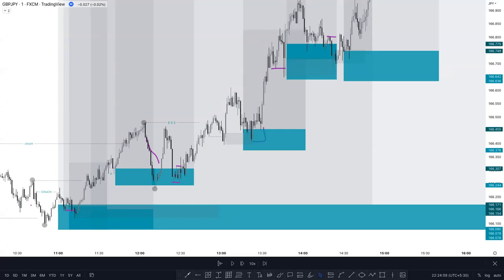Then you have to switch into the lower time frame, 1 minute. If you are following 5 minute or 15 minute, mostly 15 minute, and there is a 15 minute high or low sweep, then you have to switch into 1 minute and wait for the CHoCH or BOS or flip, right? Proper inducement, then you can buy or sell when price taps on the POI. Same thing applies in a sweep entry.